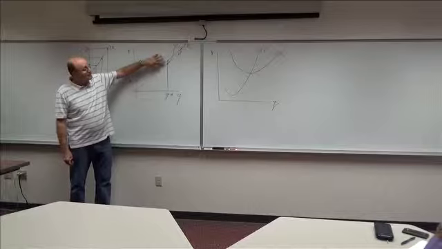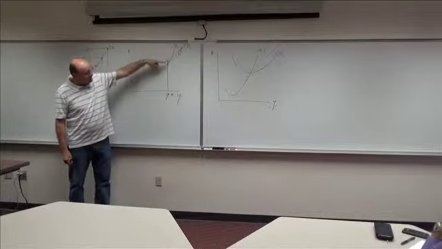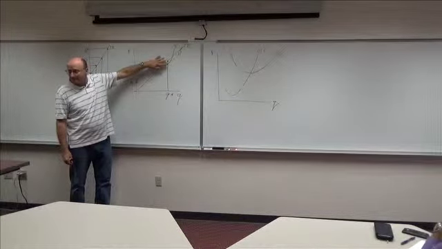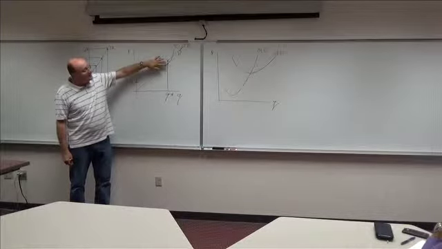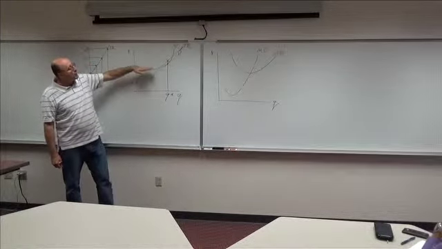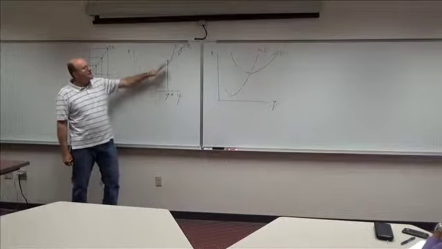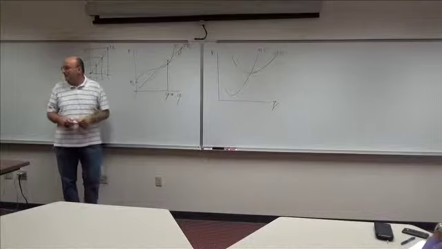And you find the maximum profit where the vertical distance between total cost and total revenue is the greatest. How do you find that point? You're looking for a point along the total cost curve at which the tangent to total cost curve is parallel to total revenue. That's the whole idea.